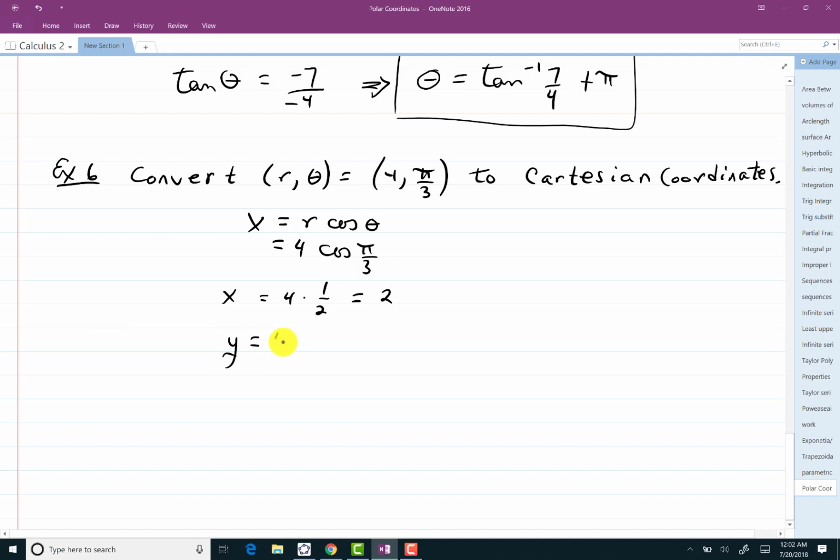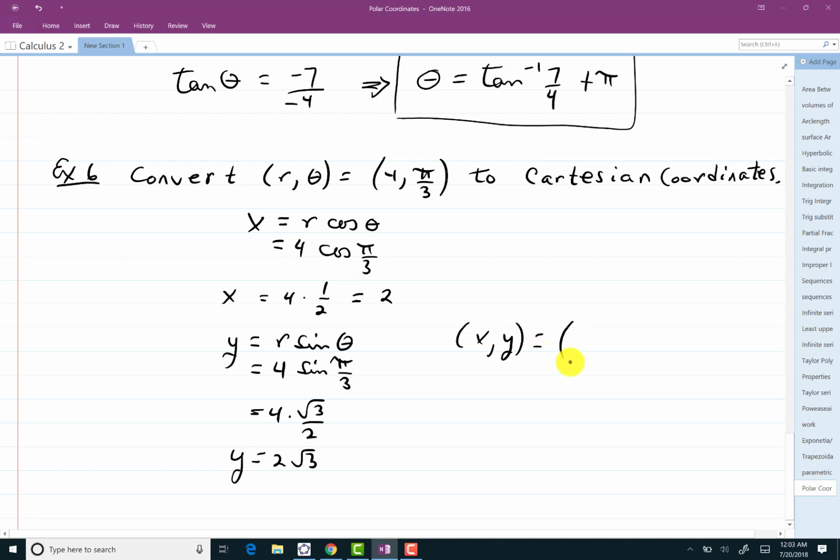Y equals r times the sine of theta, which is equal to 4 sine pi over 3. That's 4 times radical 3 over 2. And so y equals 2 radical 3. And so there's our answer: (x, y) equals (2, 2 radical 3).